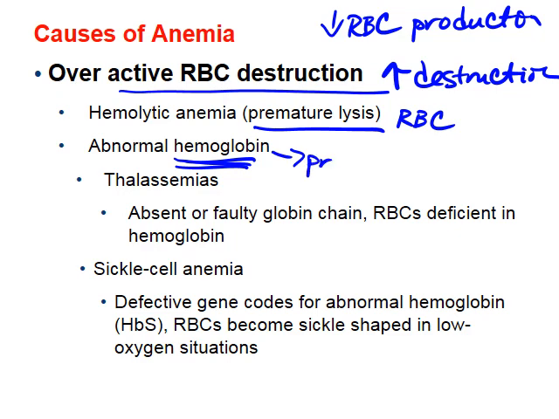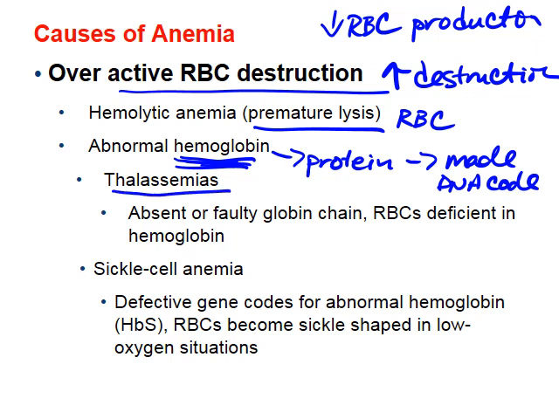You remember hemoglobin is a protein. Proteins are made from DNA code, right? What if you have a genetic issue where your hemoglobins aren't exactly right? So one of those examples is thalassemias. One of your globin chains is not functioning correctly, and then you're going to make red blood cells that have deficient hemoglobin. They aren't able to carry oxygen as well.